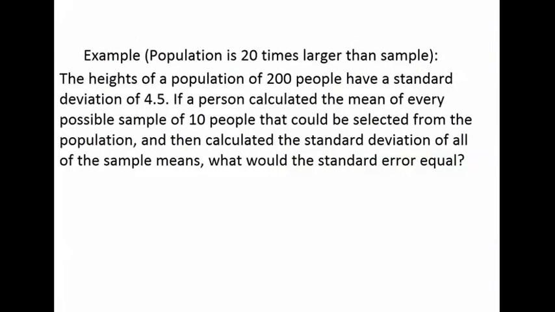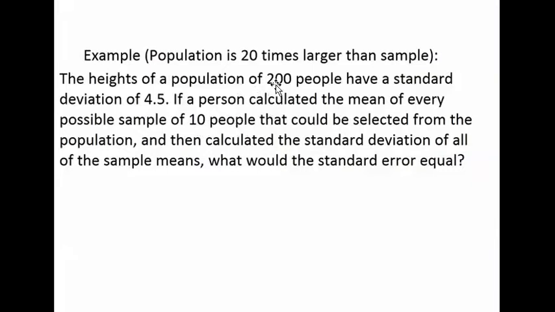Here's our first example. We have the same scenario that we've been looking at before, in which a person is calculating the mean height of every possible sample of 10 people. But in this example, the population is 20 times larger than the sample.